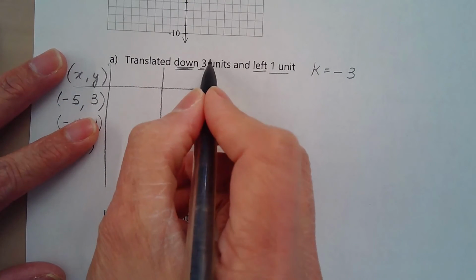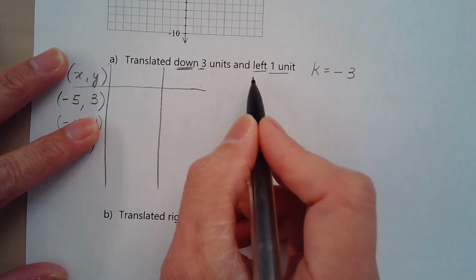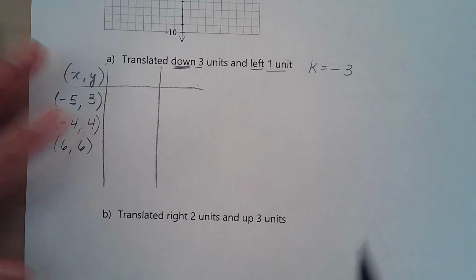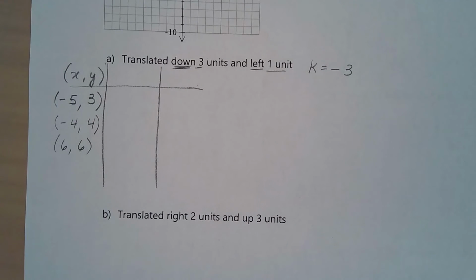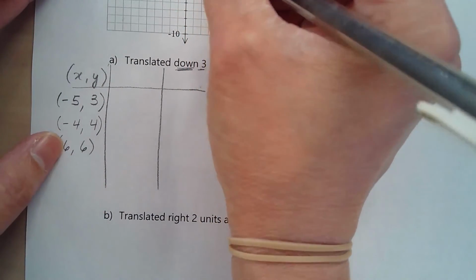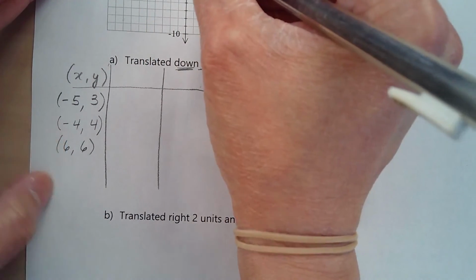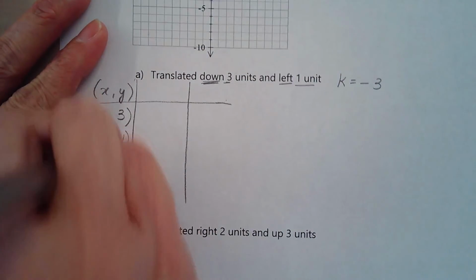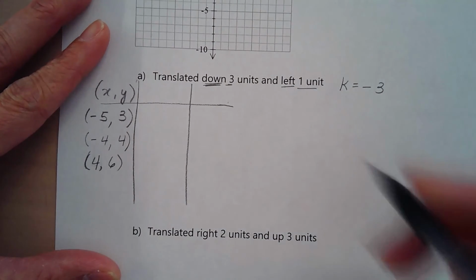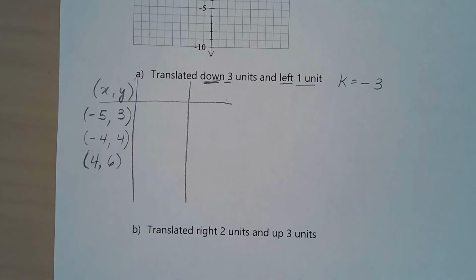Down means negative, right? Now, going to the left is maybe 4 and 6. One point. Is it 4 and 6? Oh, 4, yes, 4 and 6. Okay, 4 and 6.